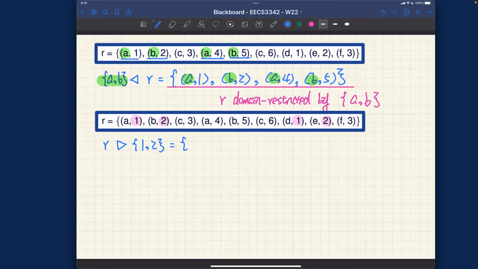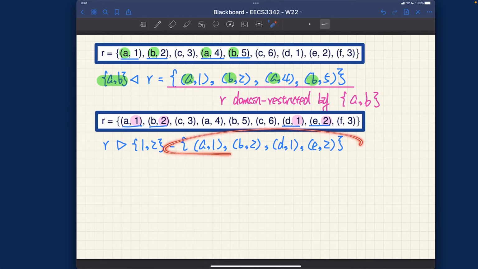So what do we have? We got A1, B2, D1, E2. A1, B2, D1, and also E2. Just always remember, whenever we do restriction or subtraction, we still have the resulting set itself being interpreted as a relation. And of course, if you do a little bit more further analysis, you can see 1, 2, 1, 2 over here.